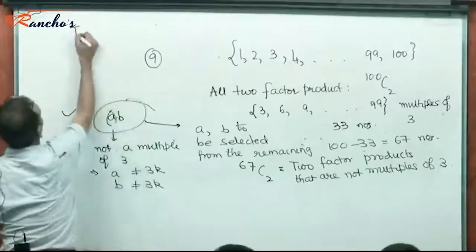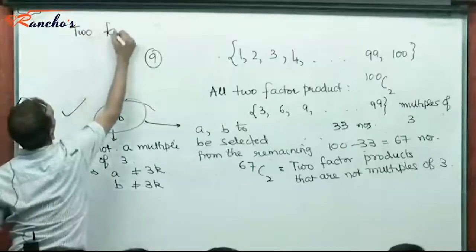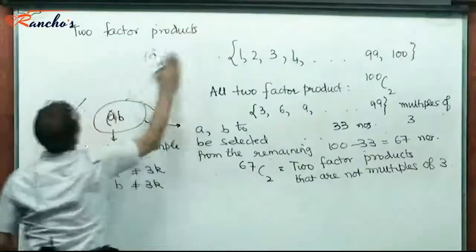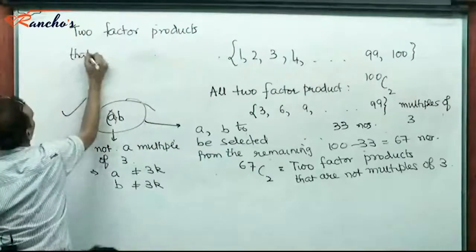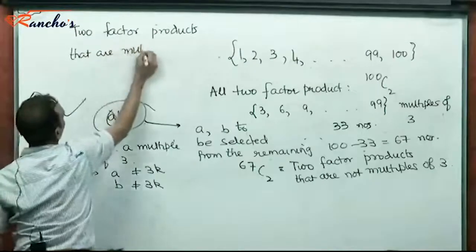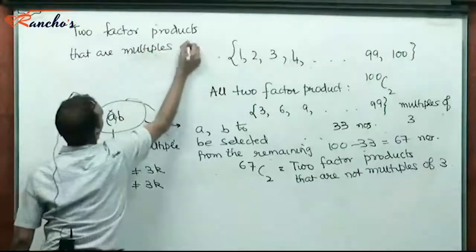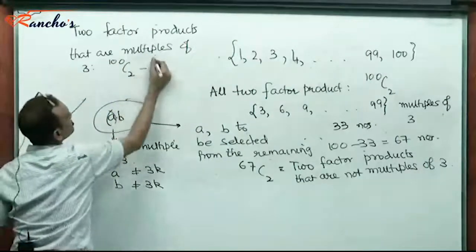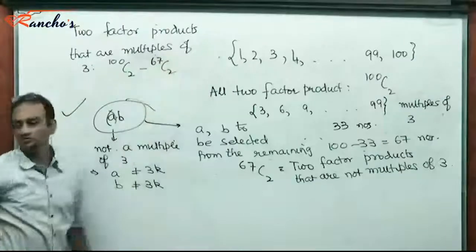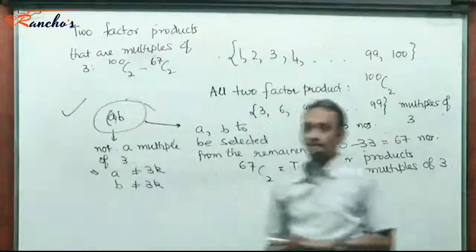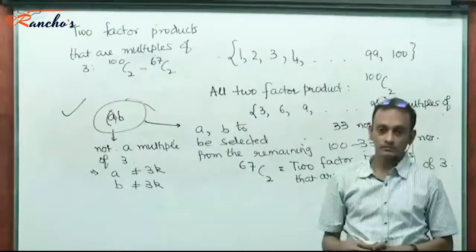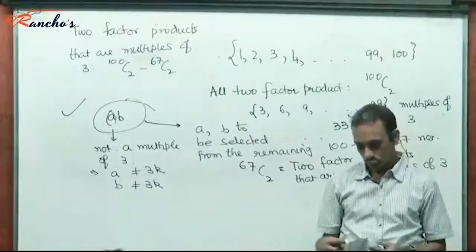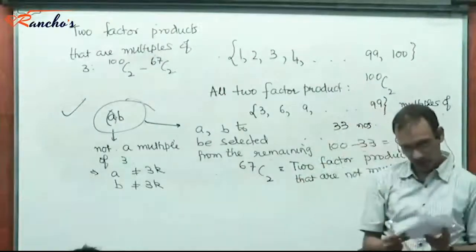So two-factor products that are multiples of 3 are total 100C2 minus those that are not multiples of 3. Isn't it? Whatever it turns out to be.